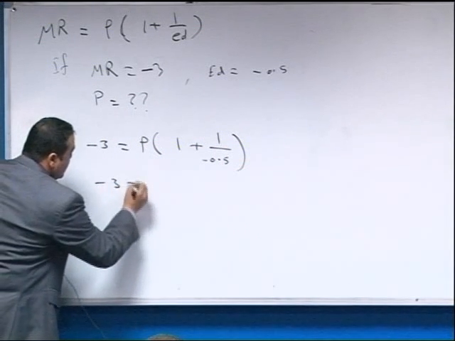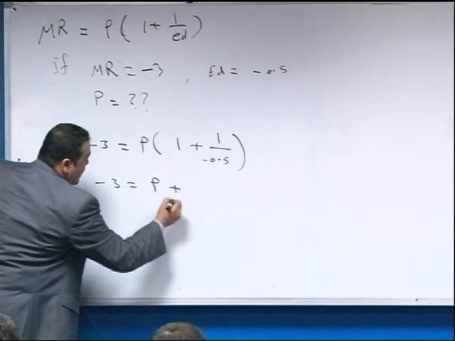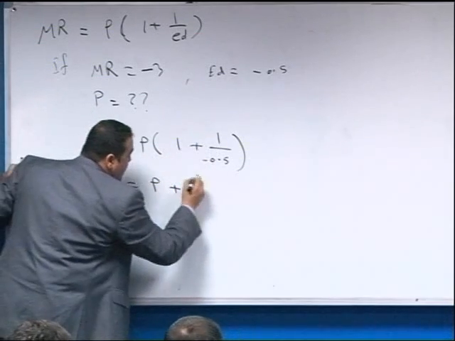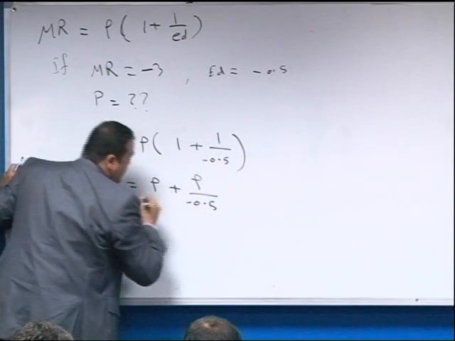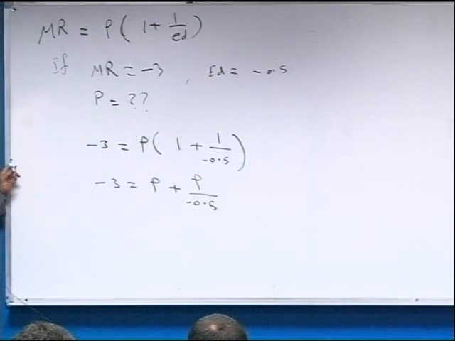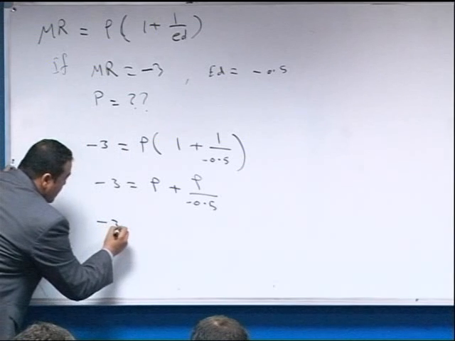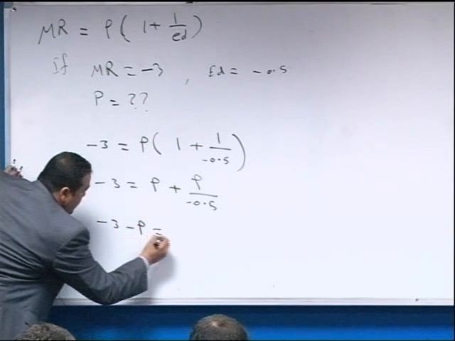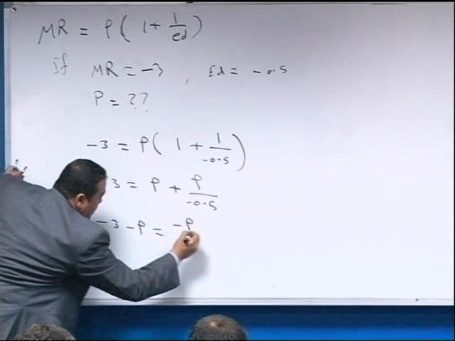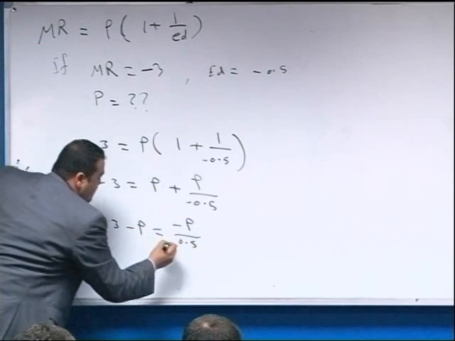Minus 3 equals P plus P over minus 0.5. Right? So minus 3 minus P equals minus P over 0.5.